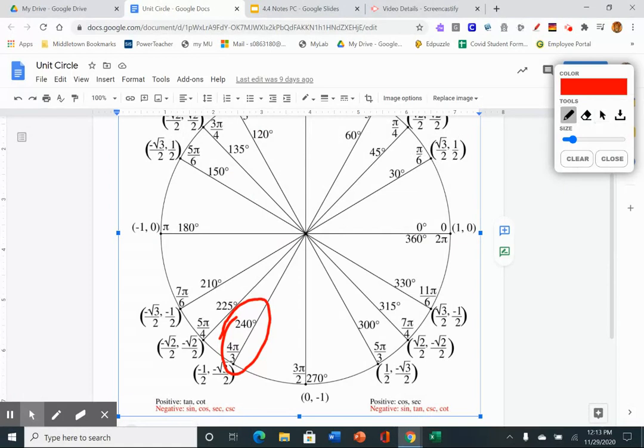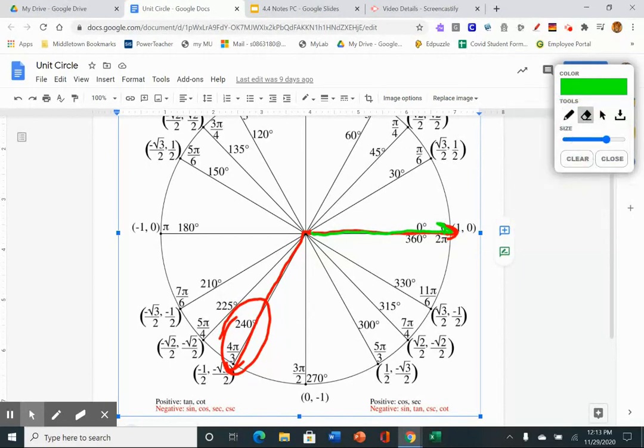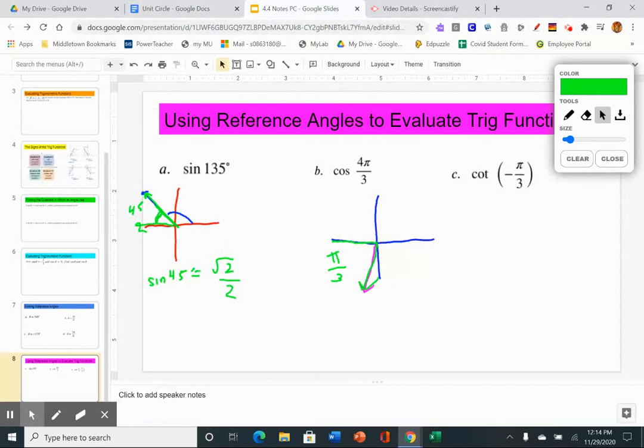Your reference angle is this. This is your reference angle. So your reference angle is 60 degrees, which is pi over 3. So to come back, our reference angle is pi over 3.